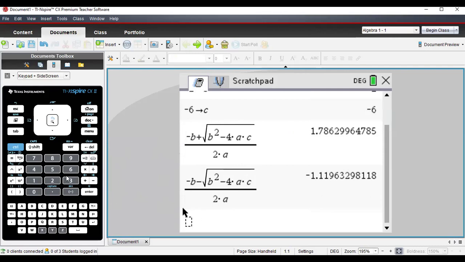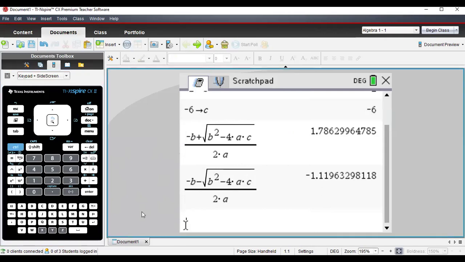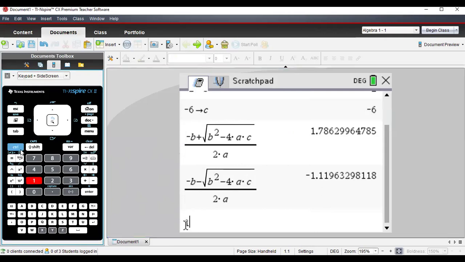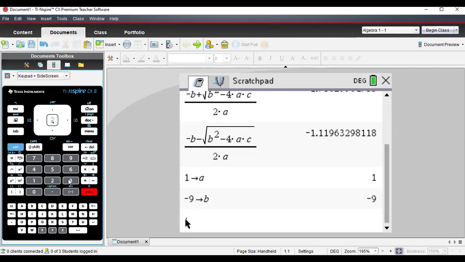So for this problem, the a term was 1, so I'm going to put 1, and I'm going to store that into a. And then my next one is -9. I'm going to store that into b. And then I'm going to take -36, and I'm going to store that into the letter c.